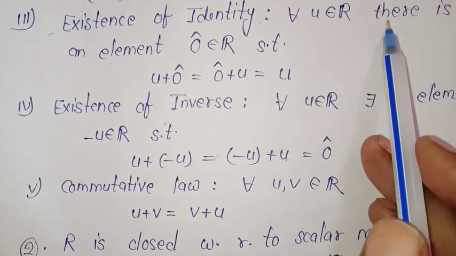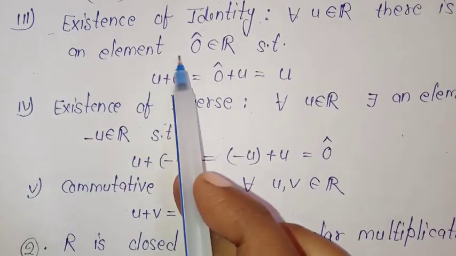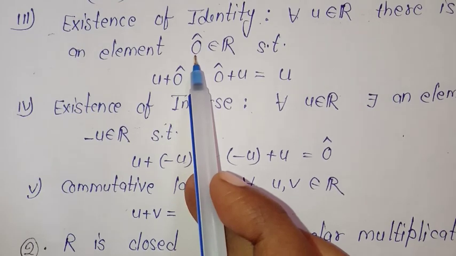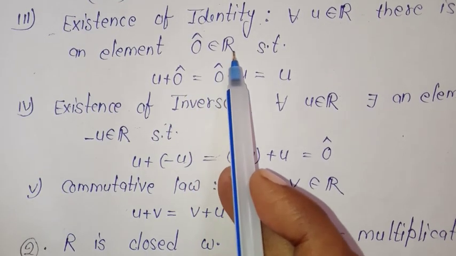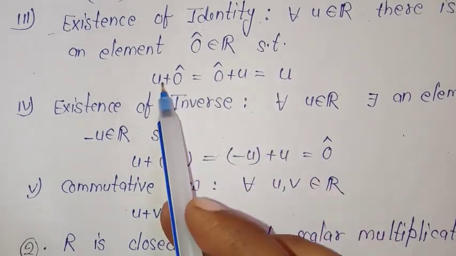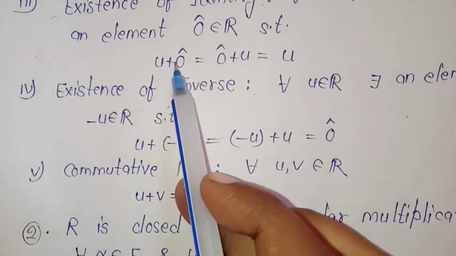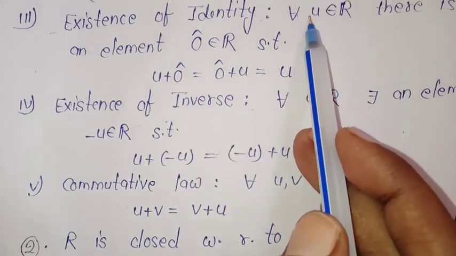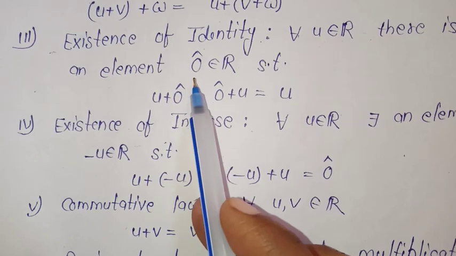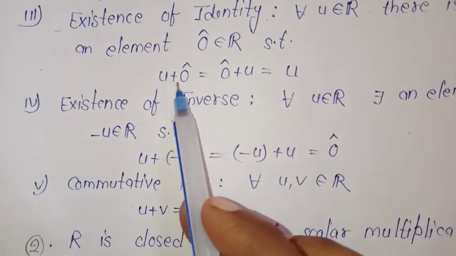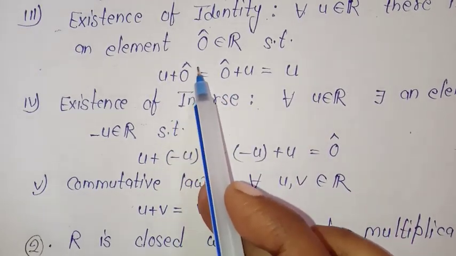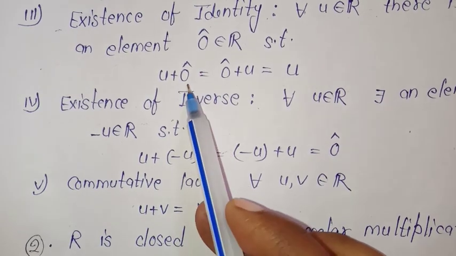So let's move to our property, that is existence of identity. For all u belonging to R, there is an element 0 cap, called the zero vector, belonging to bold R, such that if you operate internal composition of this vector with the zero vector, you will get the same element. So this zero vector works as an additive identity here.